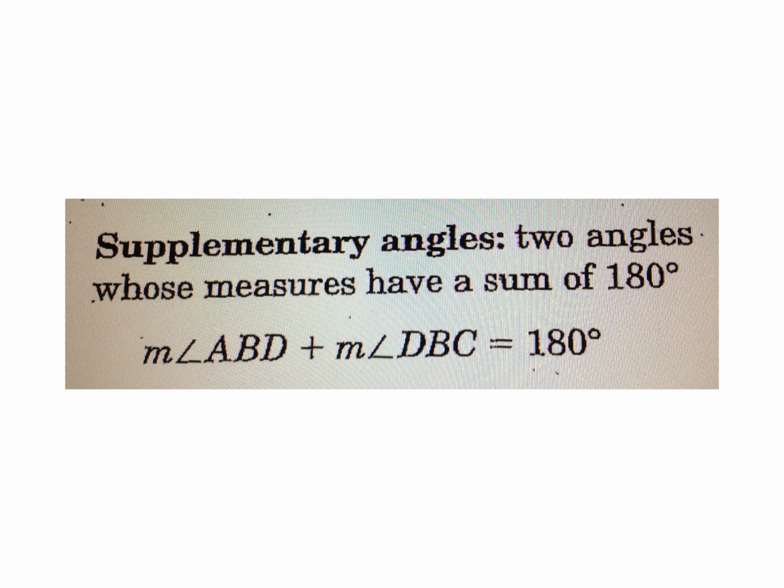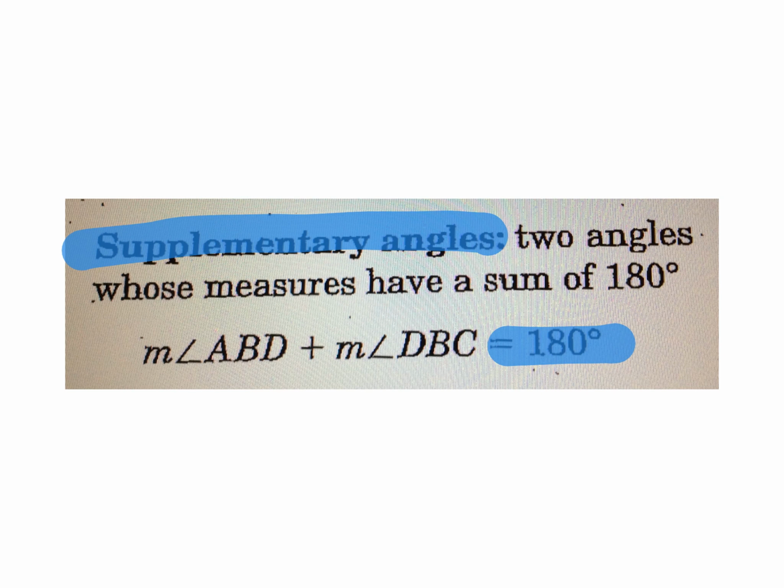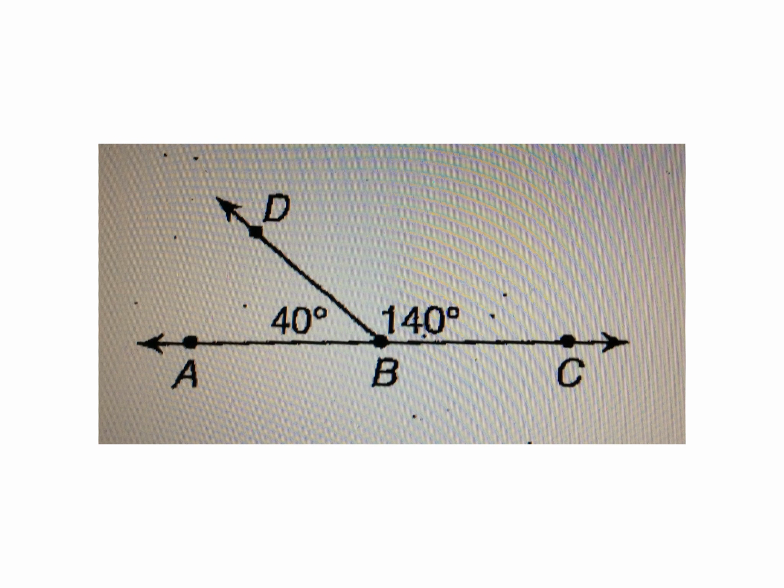Supplementary angles. So supplementary angles equal 180 degrees. I'm hoping you are thinking right away that 180 degrees is a straight line, because it is. Okay, so here's the example of supplementary angles, 2 angles that equal 180 degrees.